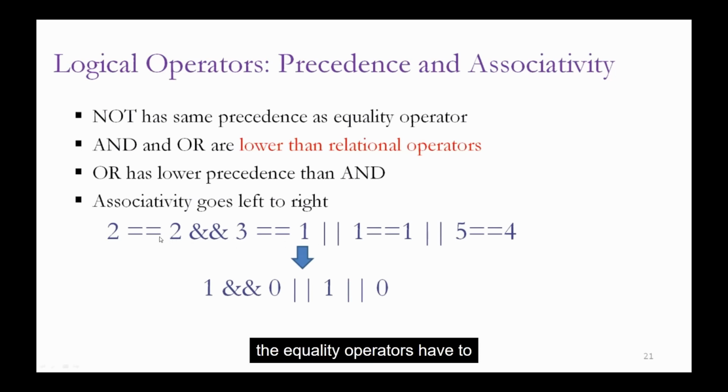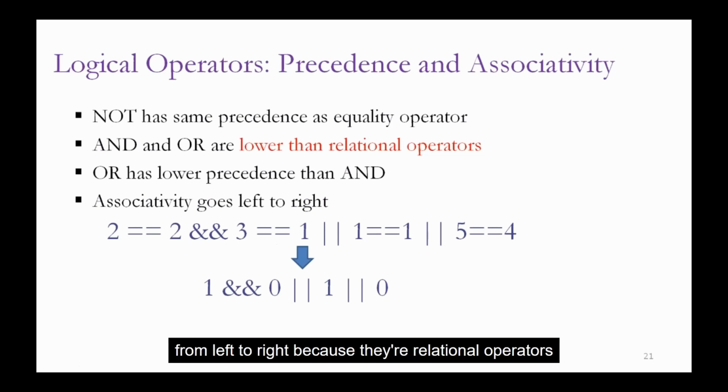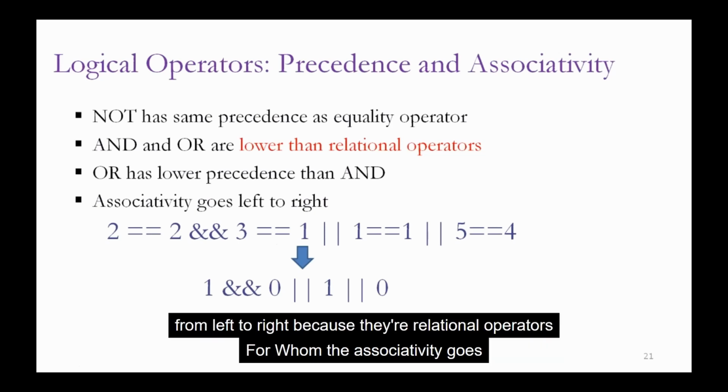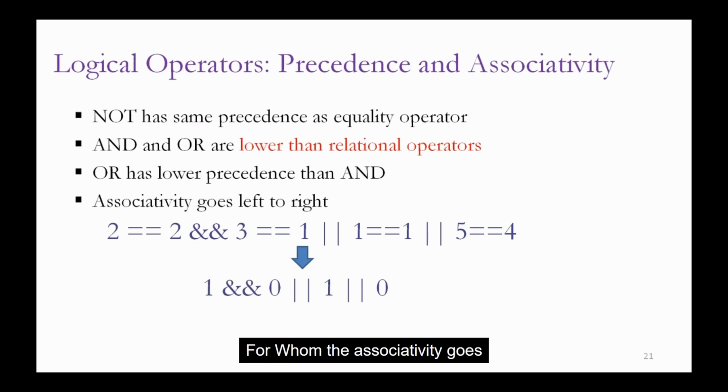Therefore, the equality operators have to be processed first. And the associativity for equality operators goes from left to right, because they're relational operators for whom the associativity goes from left to right.